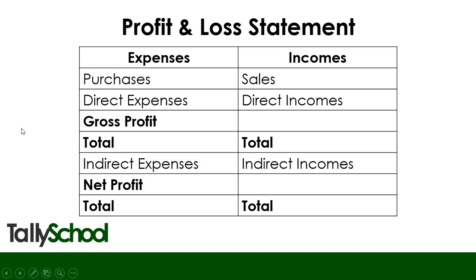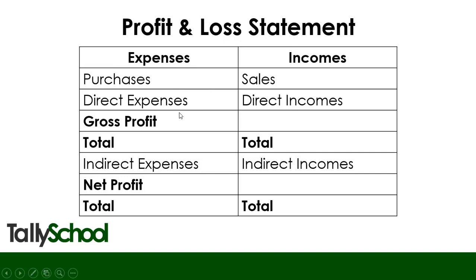Now expenses, as usual, whatever you expend or whatever you purchase and earn profit from by selling it, are listed here. The first and biggest expense in any business is purchases, which is listed here.